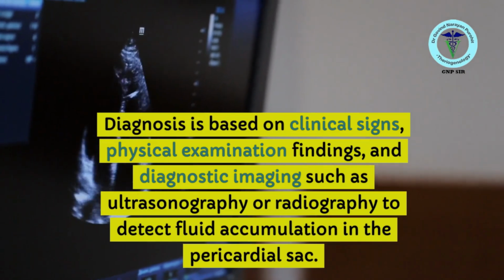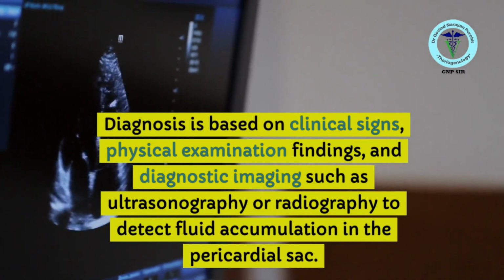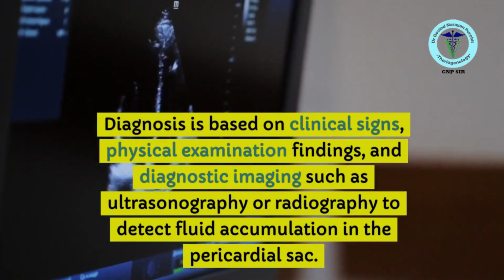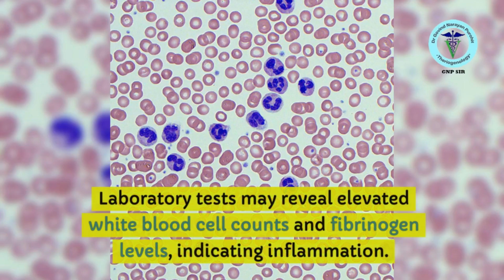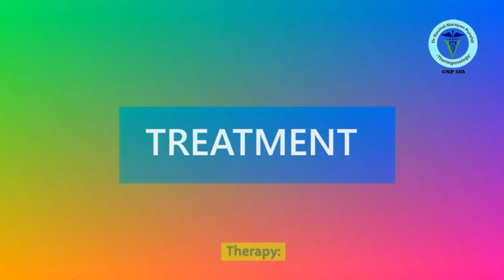Radiography is not usually possible at many places, but that can show you the presence of a sharp object within the pericardial sac. Laboratory tests may reveal elevated white blood counts and fibrinogen levels, indicating inflammation. Sometimes you can find a neutrophilia and shift to left. This will reflect that there is infection and inflammation.